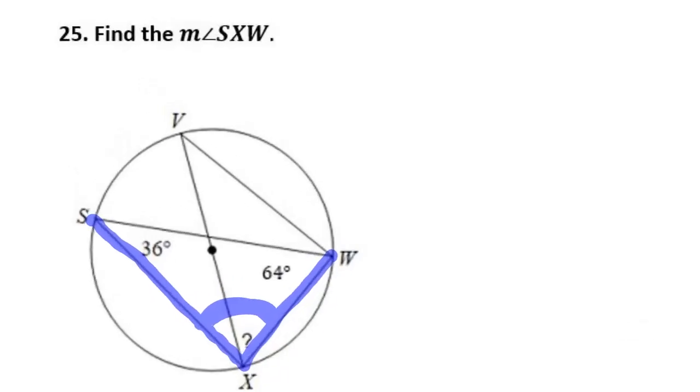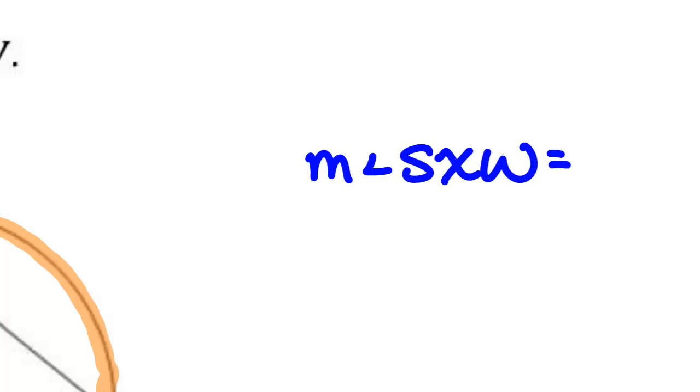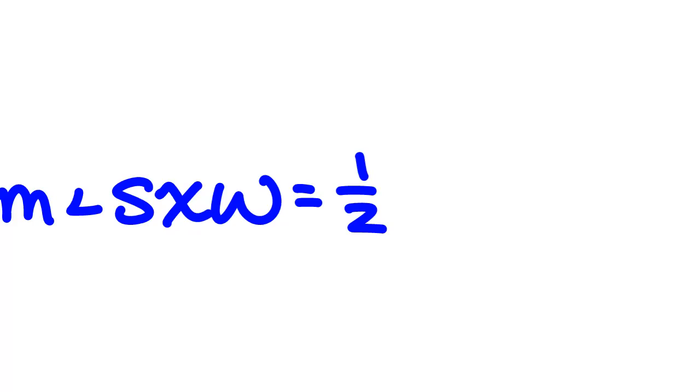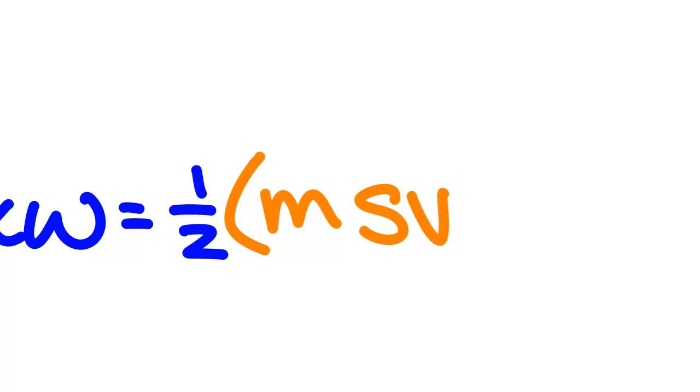I'm going to need to figure out how big this arc is, because that's the arc that's being intercepted by angle SXW. And the measure of angle SXW is equal to 1/2 times the measurement of arc SVW.